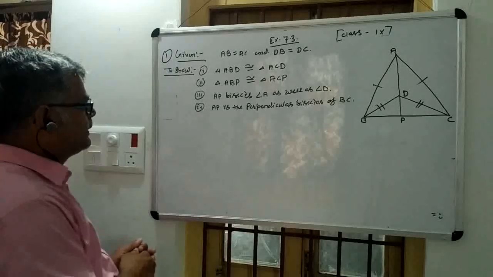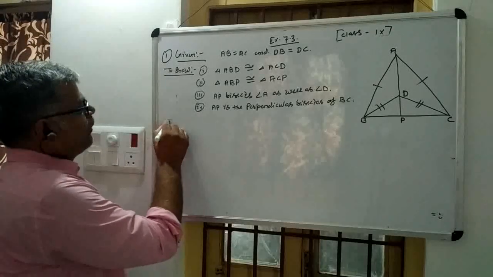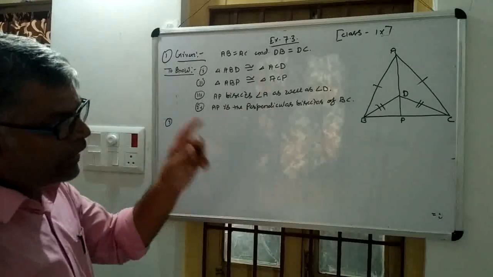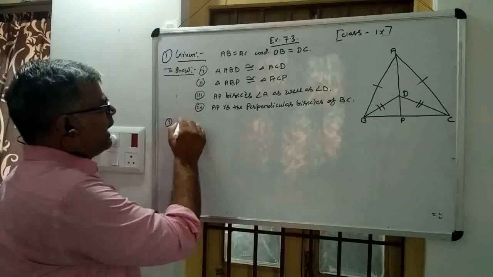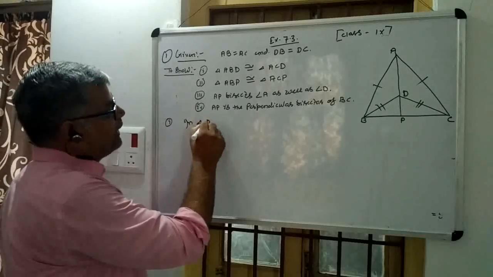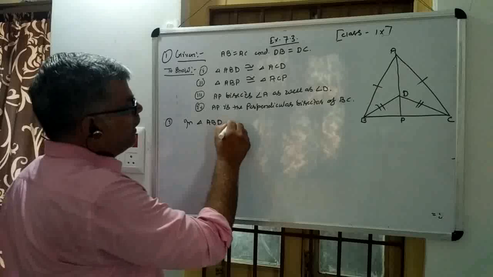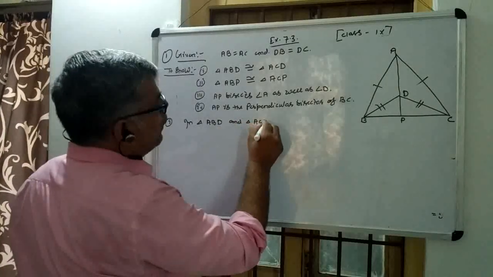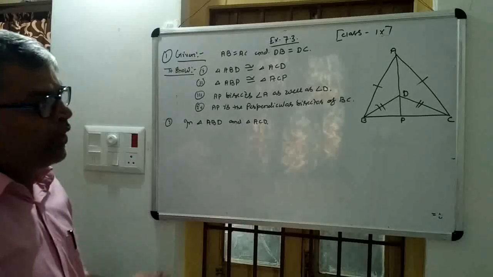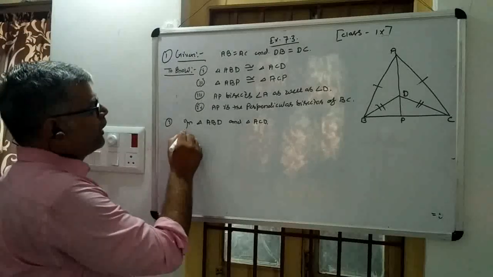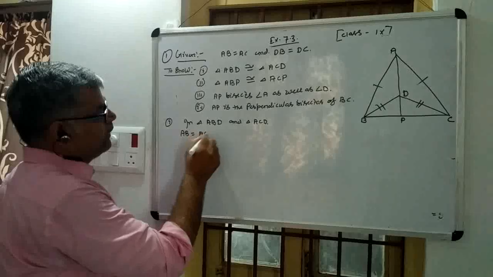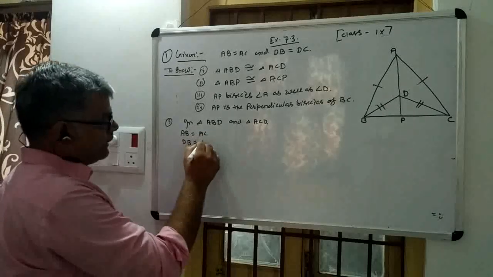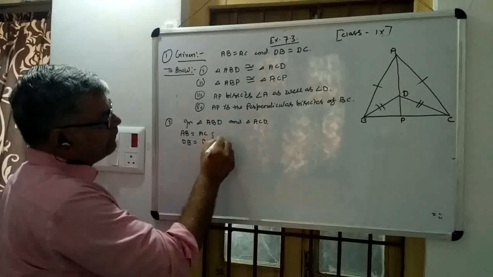In our first part, we need to show triangle ABD is congruent to triangle ACD. So first you take triangle ABD and triangle ACD. What do we have? AB equals AC and DB equals DC. These both are given.